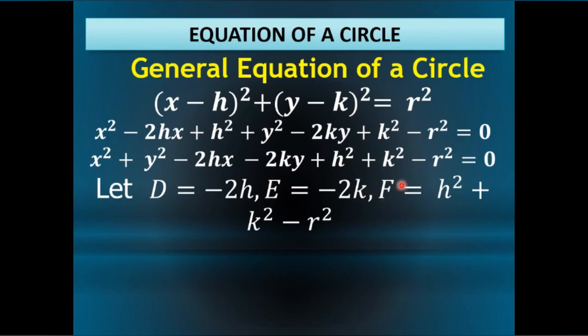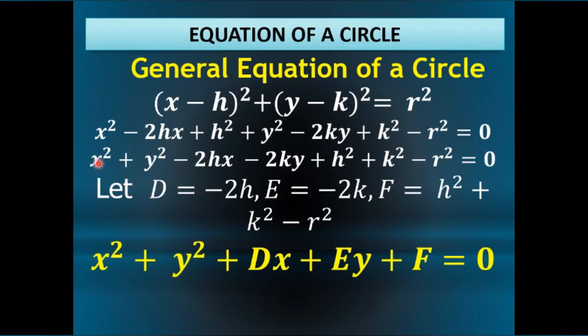So to find the general form of the equation of the circle, we substitute. We'll have x squared plus y squared. And then we have negative 2h is already our d. So plus d, then we have still x here. So we have plus dx. And then our e again is negative 2k. So this negative 2k becomes e. And then we still have y.